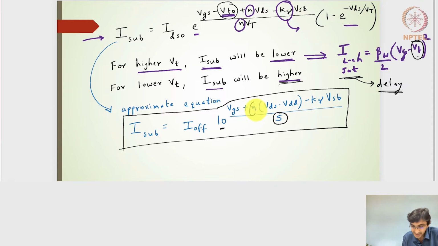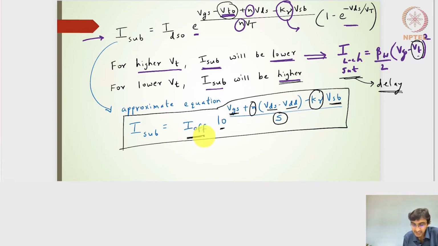And then eta is still the same DIBL coefficient, the drain induced barrier lowering, and K gamma is the source to body effect coefficient. The similar terms VDS, VSB, VDD, which is the supply voltage, and VGS, the gate to source voltage, everything remains the same.